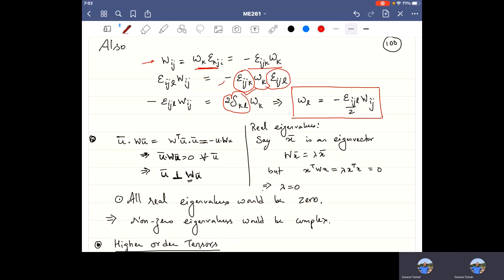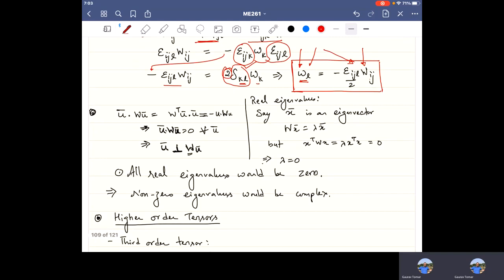So this minus you send here, and what you get is essentially this index would get transferred, so you get w_l, and the right hand side is minus epsilon_ijl W_ij, and this 2 comes here. So you have obtained all the components of w. Given an antisymmetric tensor W, you can always find w. Given a vector w, you can always find an antisymmetric tensor corresponding to it. So this is what we have shown.